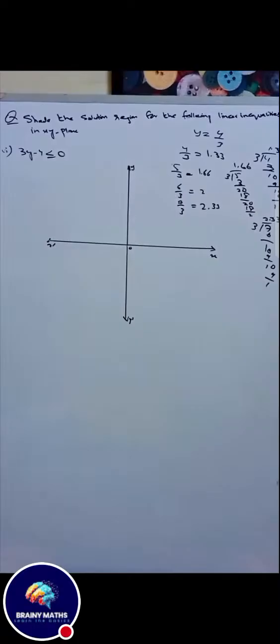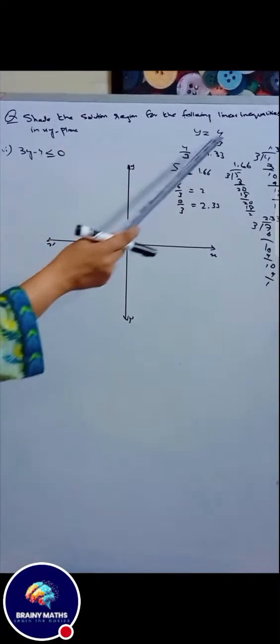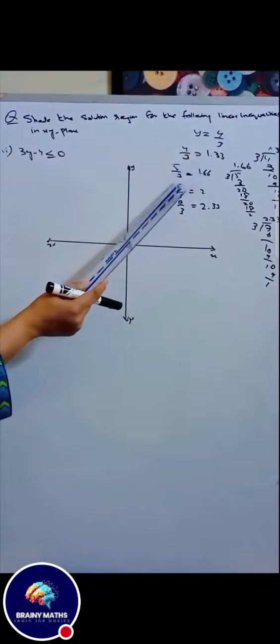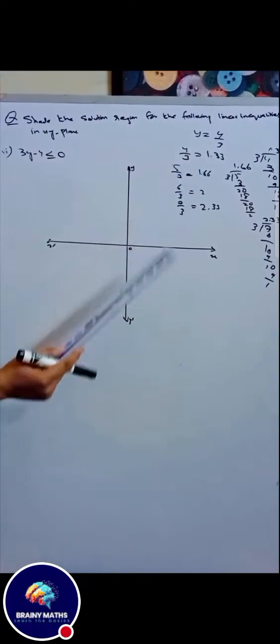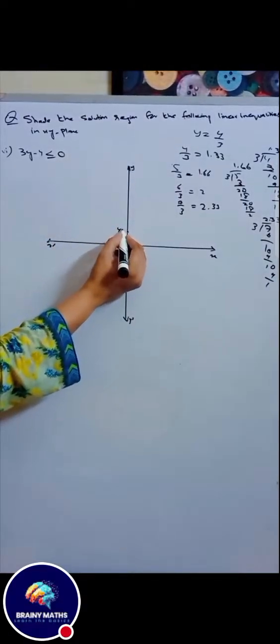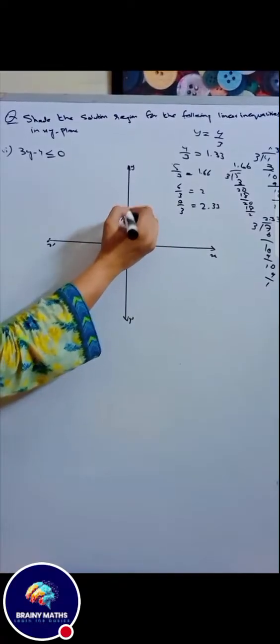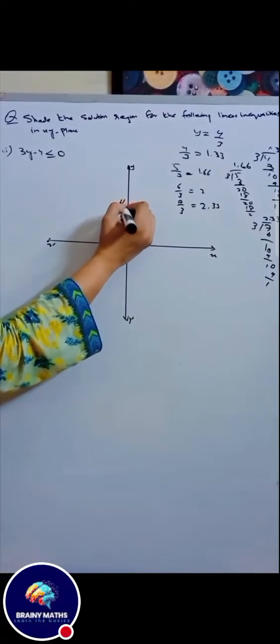Alright, after converting to decimals, what values should I take? So y equals 4 by 3, next is 5 by 3, 6 by 3, 7 by 3. These values must be represented on the y axis, not the x axis, because they are given only y values. So y must be like that: 4 by 3, next 5 by 3, next 6 by 3, last 7 by 3.